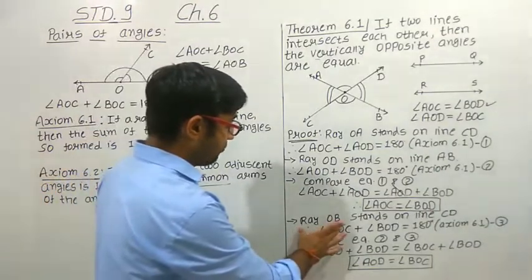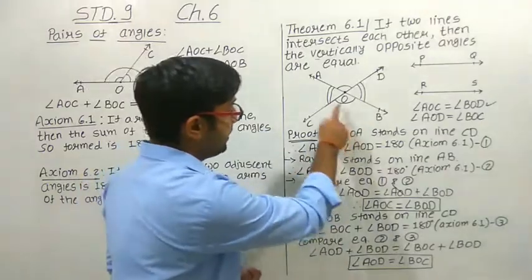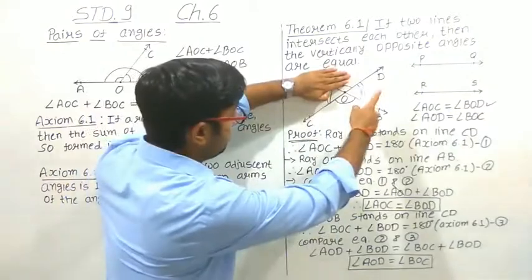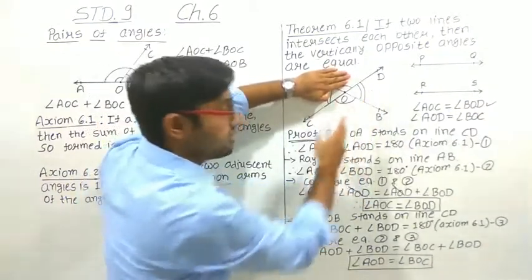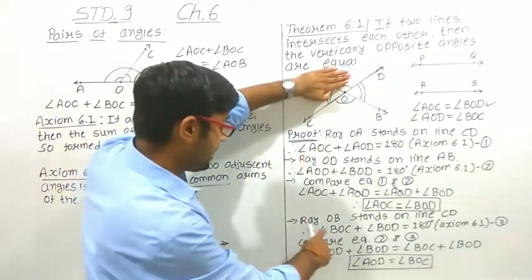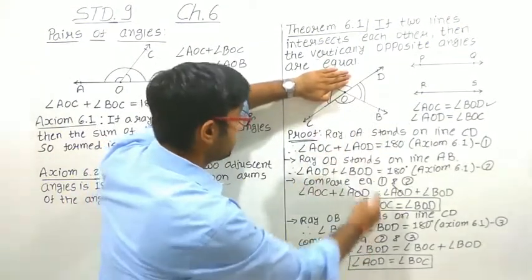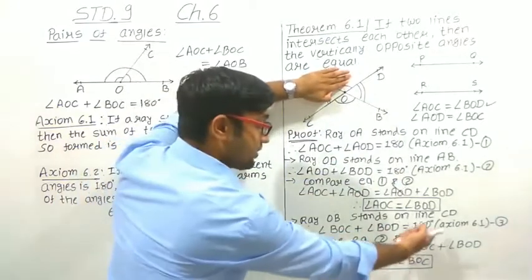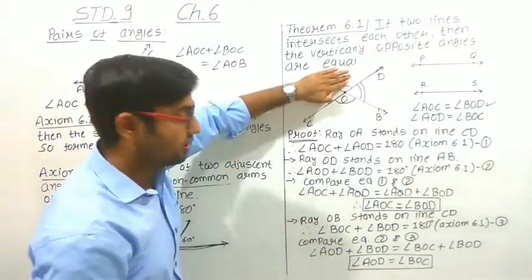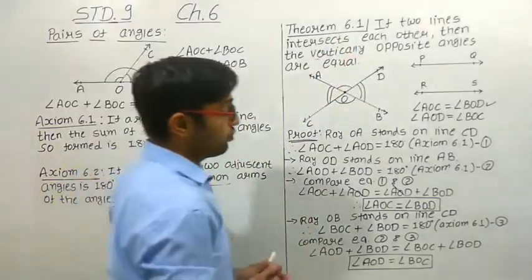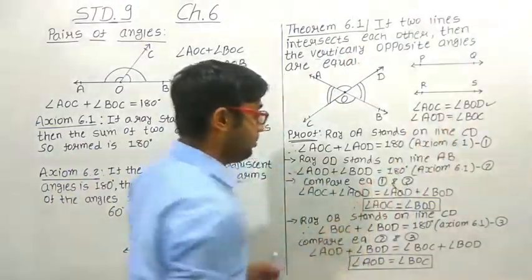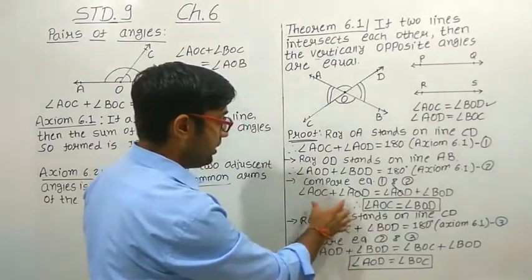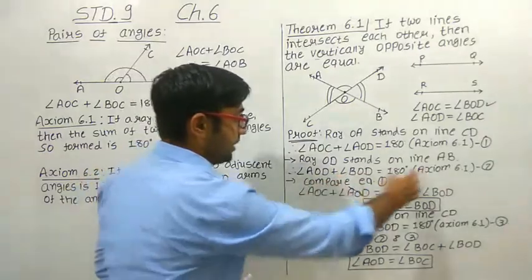Now for the other pair, consider ray OB. Ray OB stands on line CD. CD is a line, OB is the ray. These two angles total 180 degrees. So write it as angle BOC plus angle BOD, the total will be 180 degrees. Again we use axiom 6.1. Give it equation number 3. Okay. Now which two angles do we require? AOD and BOC. So here we get the angle BOC. Now see, where is the angle AOD? Angle AOD is in equation number 2.